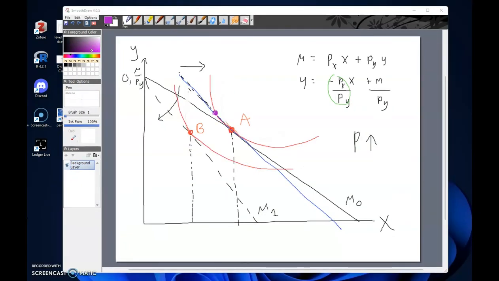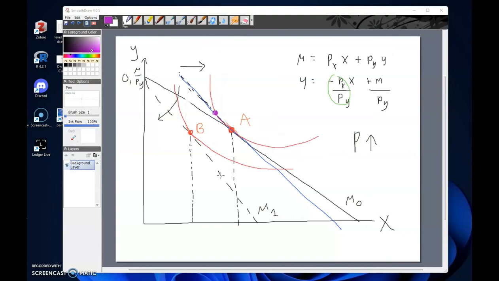I redrew the utility curves because there's something I want to illustrate here. This blue line is a new line that I drew out, and what this is trying to say is that in order for Bob to compensate for his income being lowered, to reach the original levels of utility that he was at before, he would have to increase his income.